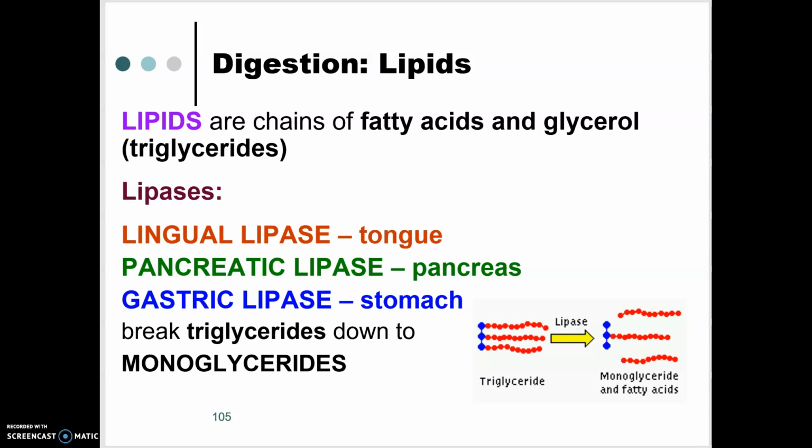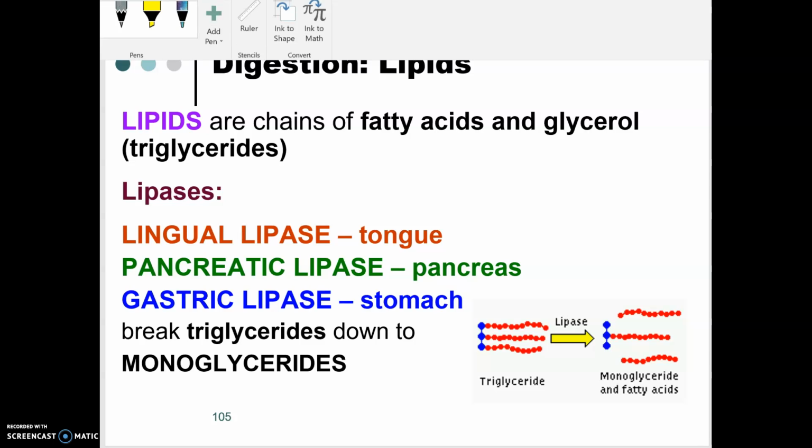Now, lipids are a little bit of a different story. They have to be packaged a slightly different way. We do have the major enzymes that will break down lipids. We've got the lingual lipase secreted by the tongue, the pancreatic lipase by the pancreas, and the gastric lipase, which we see in the stomach. Now, what those enzymes are going to do is they're going to take our triglyceride down here.